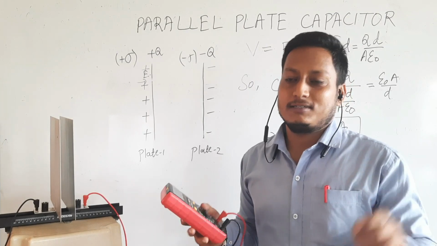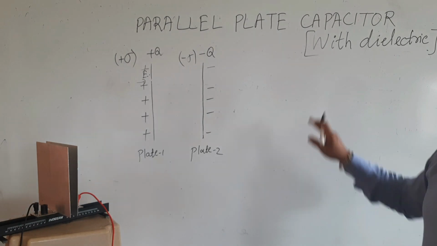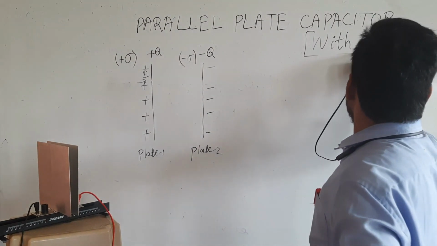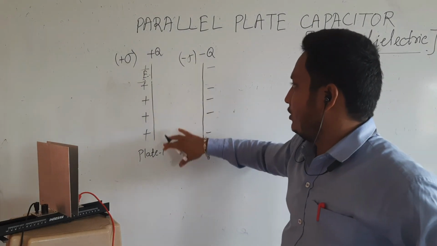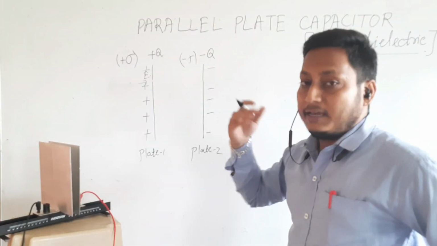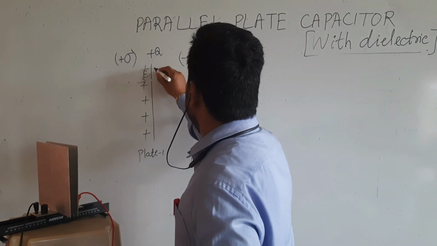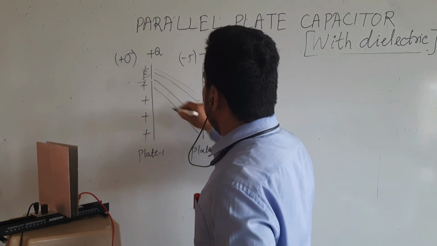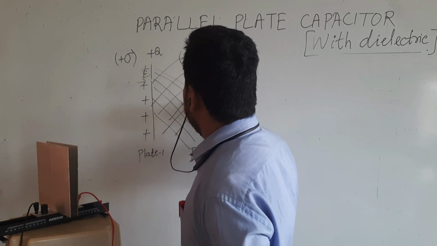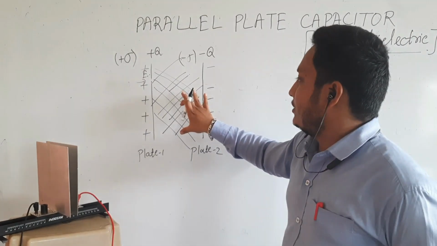Now, students, what we will do is find the capacitance of a parallel plate capacitor when a dielectric is placed fully inside the plates. For that, we need to again find the electric field and the charge. When I put a dielectric material inside, suppose paper, mica, or any dielectric medium, the dielectric will polarize.